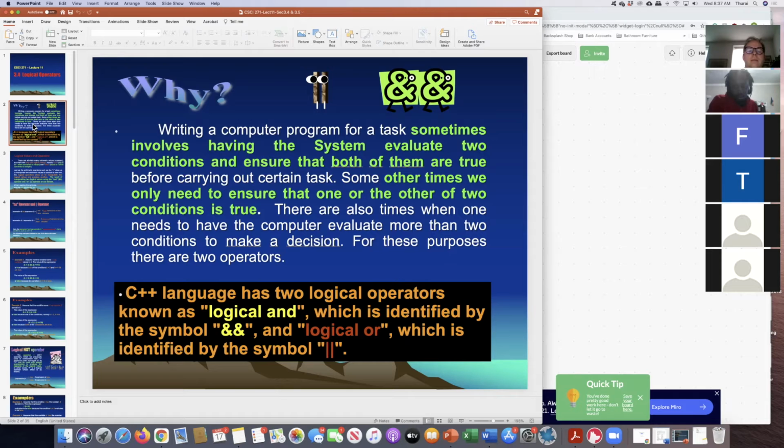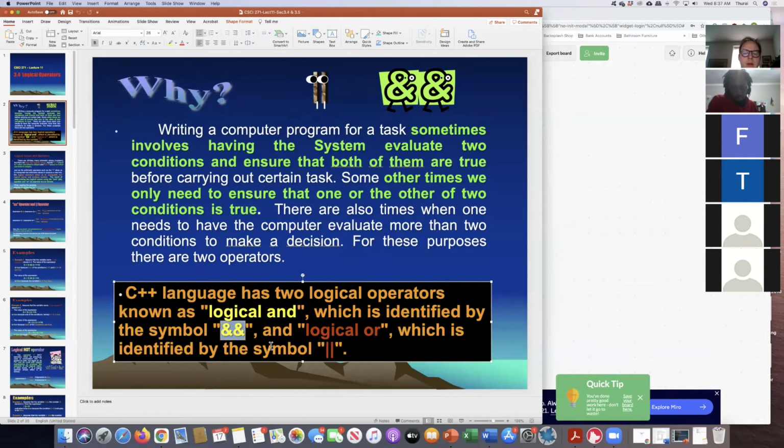Or I want to say, if this or this is true, then do something. Otherwise, do something else. So you need to say and, in other words, combine 2 conditions and say, I want this and this to be true. Or sometimes you need to say, I want either this or this to be true. Only then I want to do this. So that's why there are logical operators called and operator and or operator. Logical and, logical or. Logical and operator is 2 ampersand symbols.